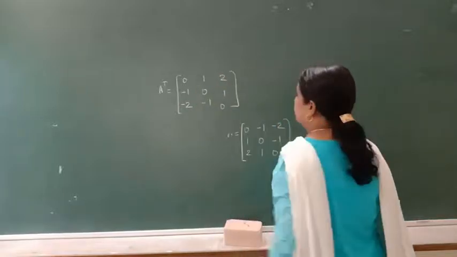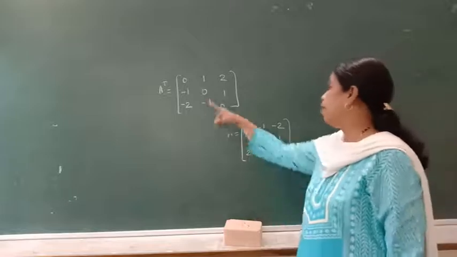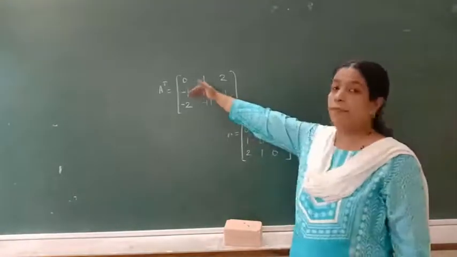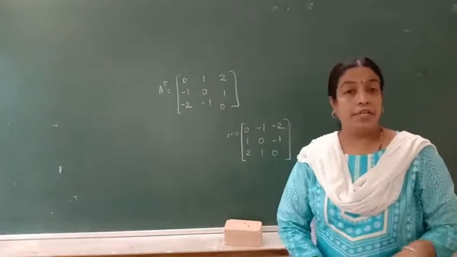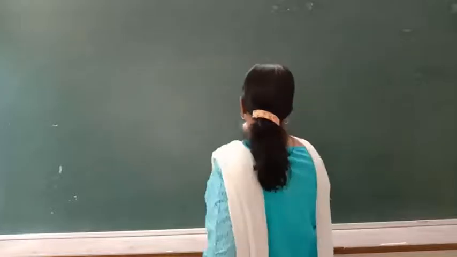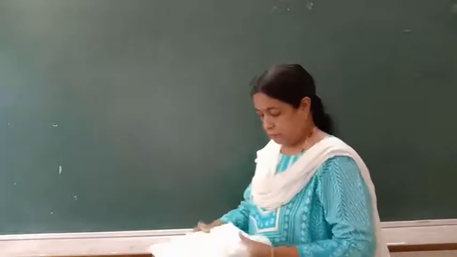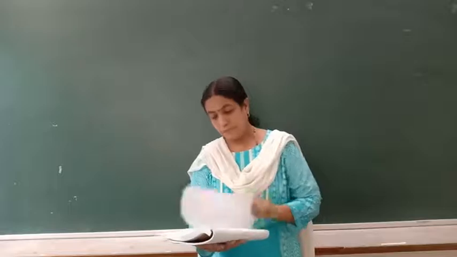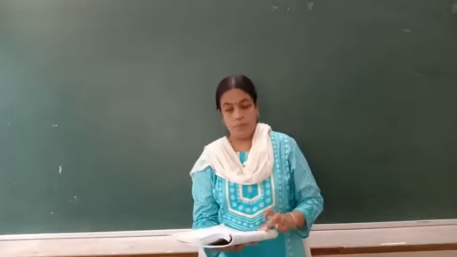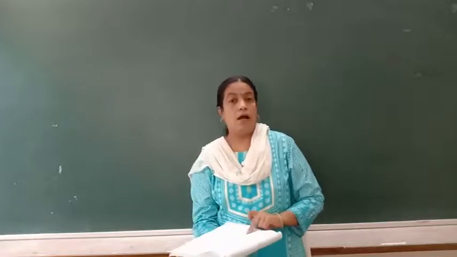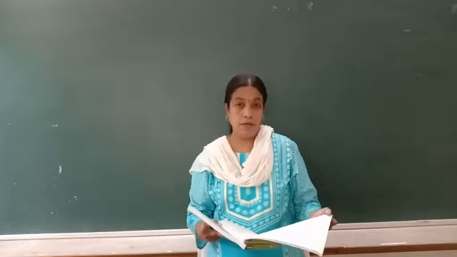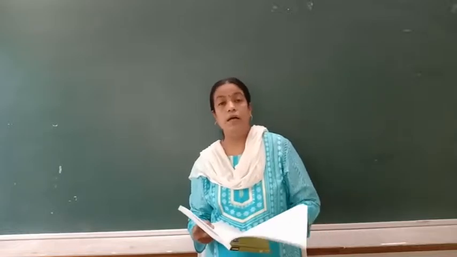Now what is the difference between A transpose and A? Just a minus sign. If we negate it totally, we get A transpose, which means it is a skew symmetric matrix. Got it? So we have seen a few sums. The other sums you can do at home also, and if you cannot do the 11th and 12th sums, then I will do them in the next video.